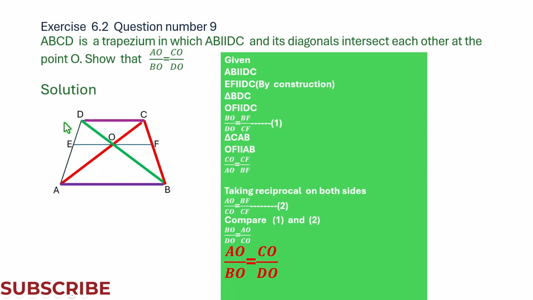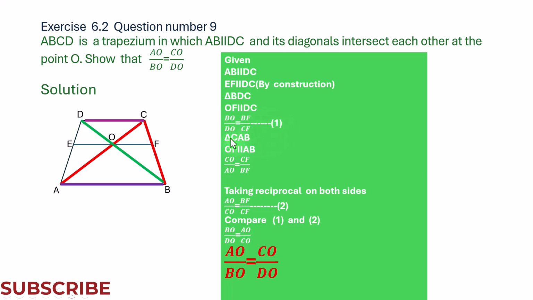You can also take triangles ADC and DAB, any two triangles with one common side. In triangle BDC, OF is parallel to DC, so by the basic proportionality theorem, OB upon DO is equal to BF upon CF.